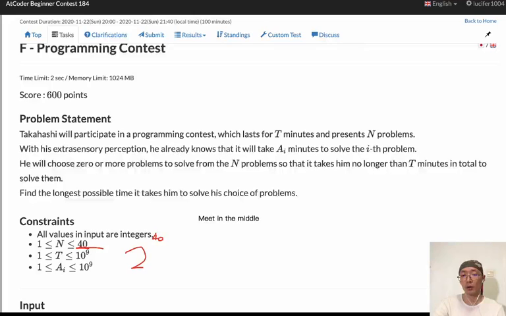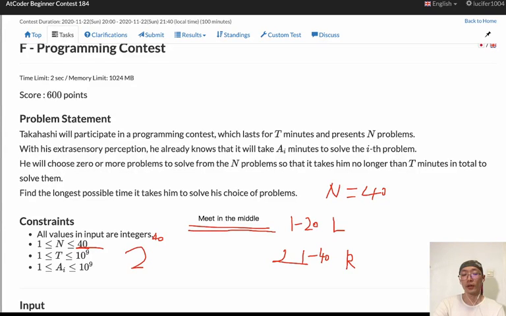Then how will we implement meet in the middle? We will just split the original set into two halves. So now say n equals 40. We will make the problems 1 to 20 the first subset, say set L, and the problems 21 to 40, we will put them in the set R.